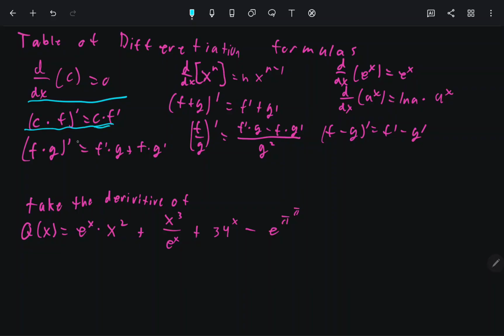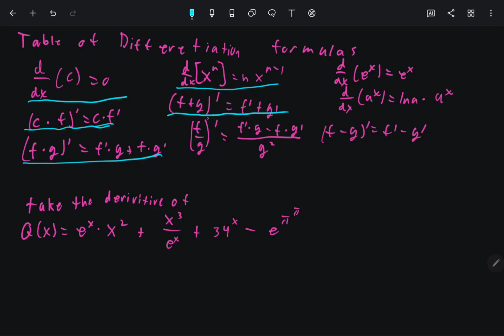For f times g, the derivative is the derivative of the first times the second plus the first times the derivative of the second. We then have the power rule, which is the derivative of x to the n power is equal to n times x to the power of n minus 1. Then we have the sum rule, the derivative of the sum of two functions, which is f prime plus g prime.